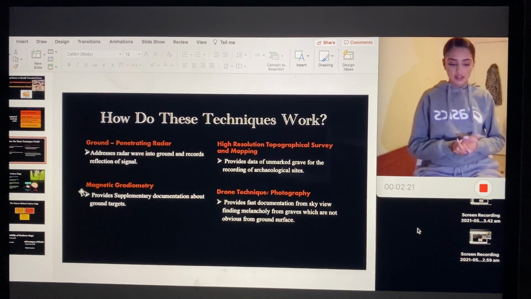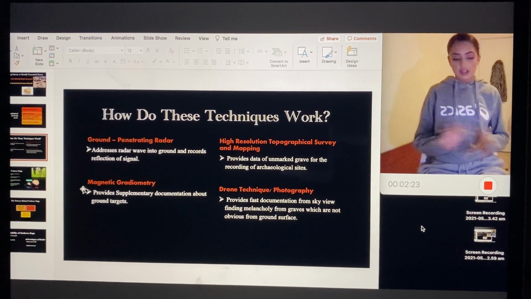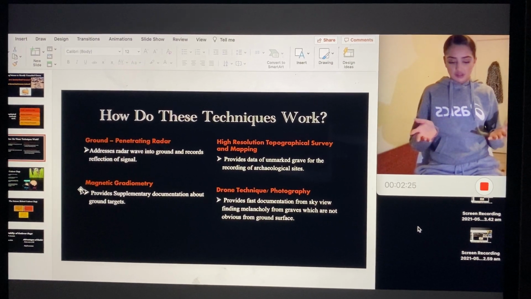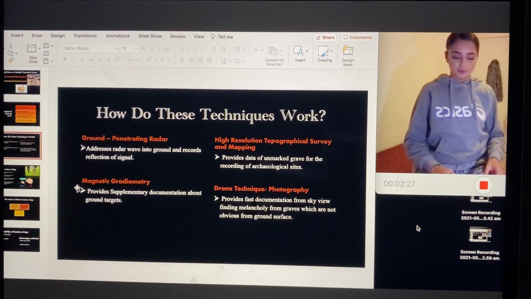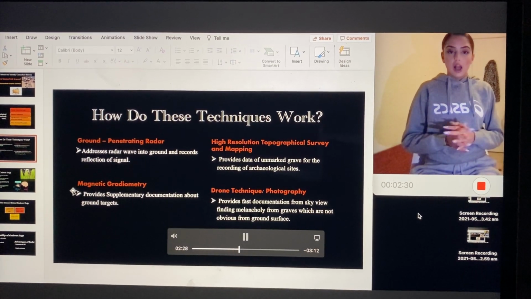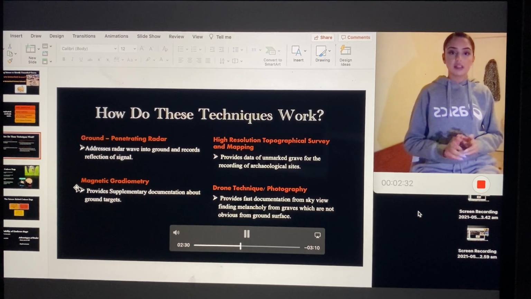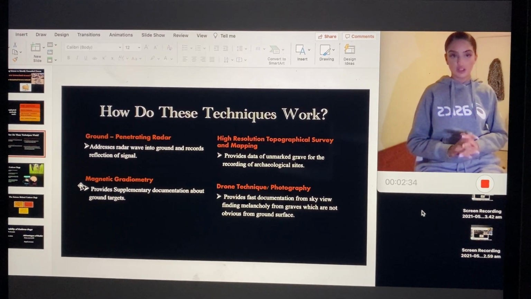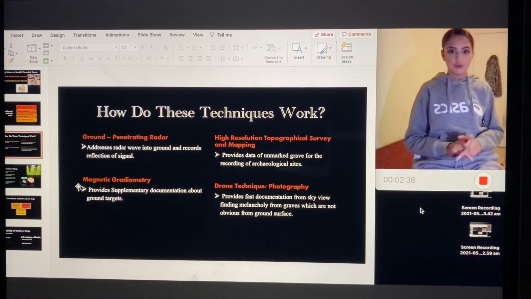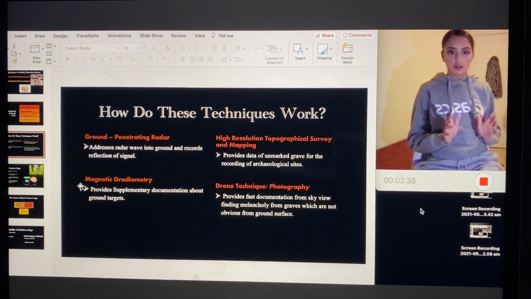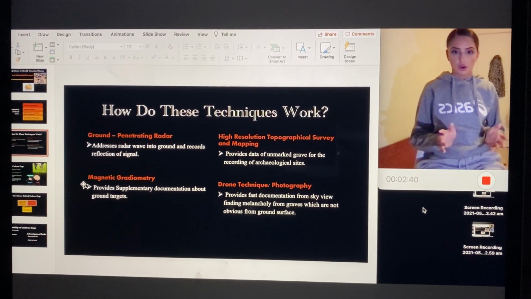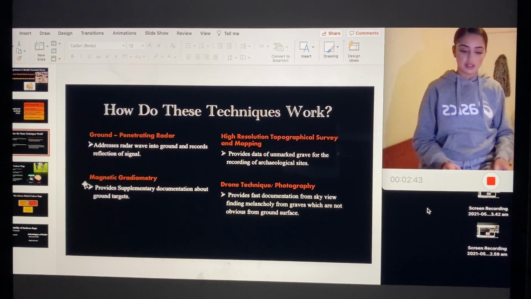Oftentimes, this technique is unfunctional where the district is heavily forested. As for drone techniques, this method provides fast documentation from a sky view, finding depressions from graves which are not obvious from the ground surface.